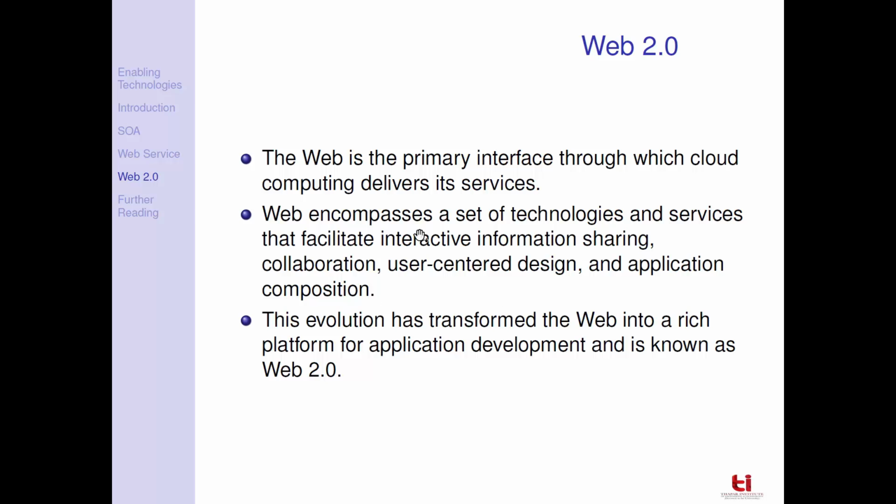If you look at the advancements that have happened in the web, an old web page was not at all interactive. It had a lot of information but could not take any input from the user.